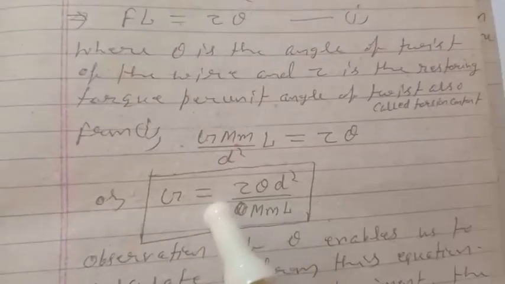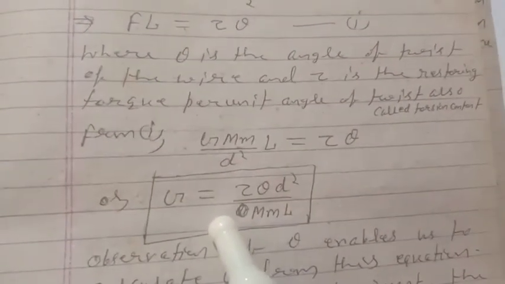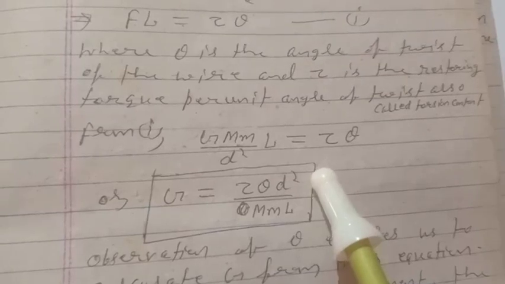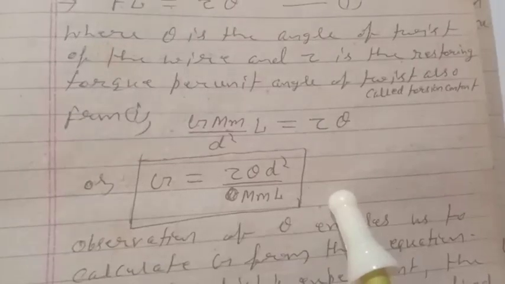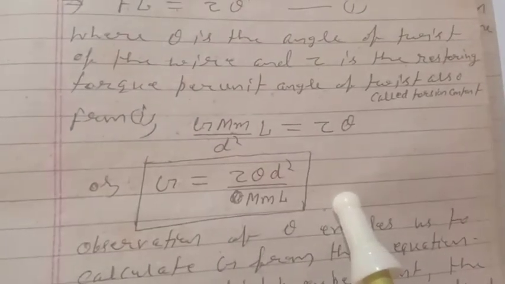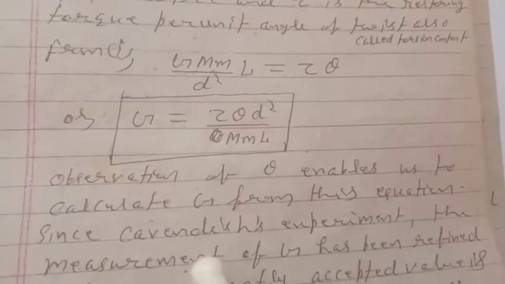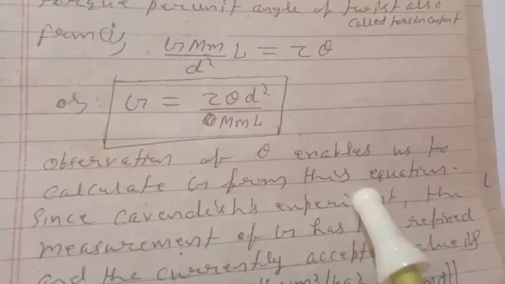Theta is the angle twisted, d is the distance between the balls, and L is the length of the rod. Observation of theta enables us to calculate G from this equation.